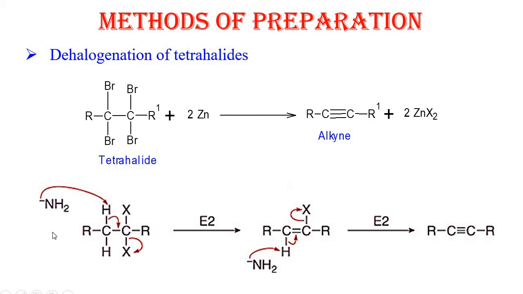In this case also, the reaction takes place by E2 mechanism: attack of Zn, then loss of X2, then attack of Zn again, and then loss of X. This reaction takes place by E2 mechanism and we get alkynes.